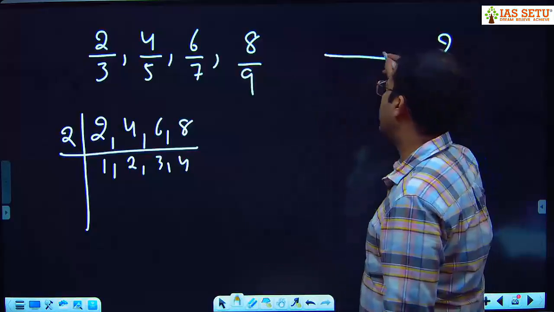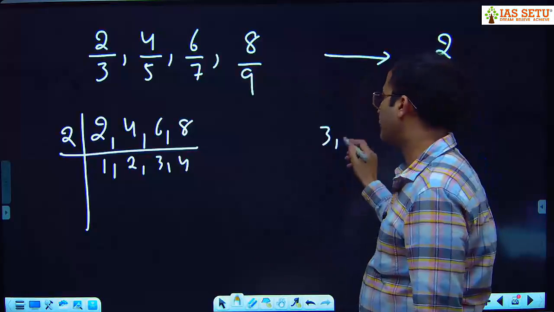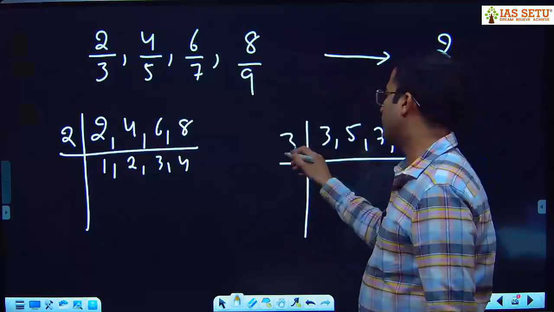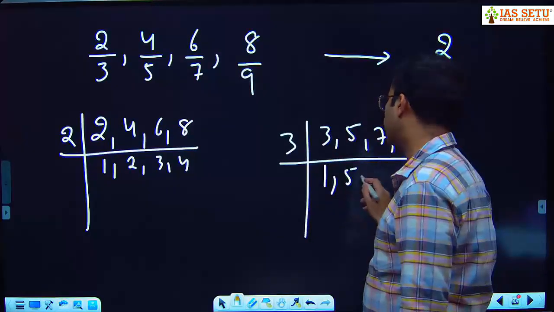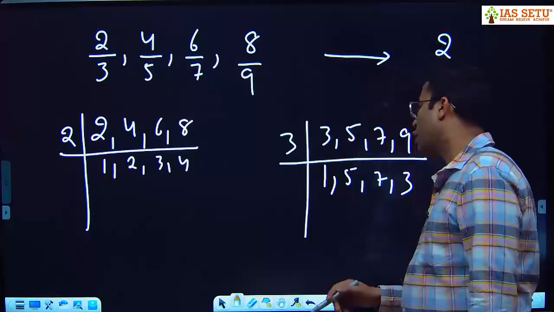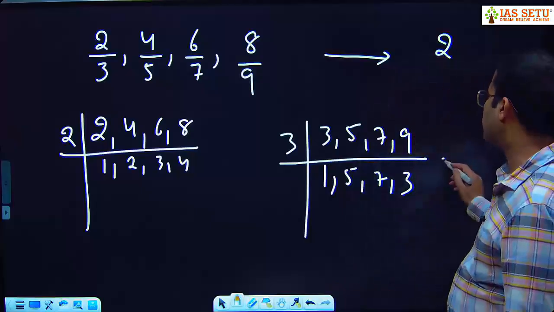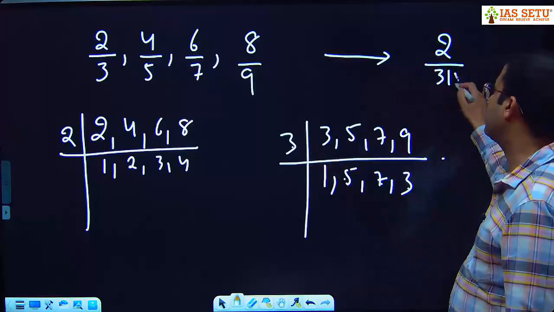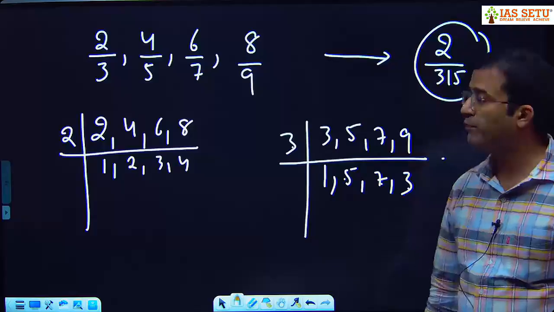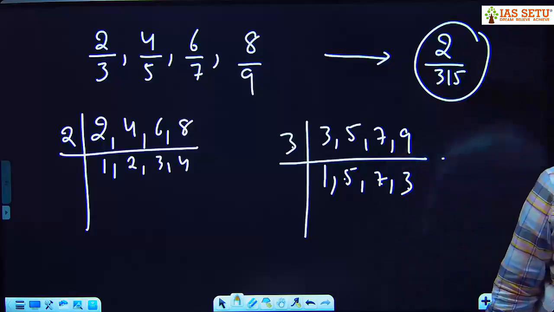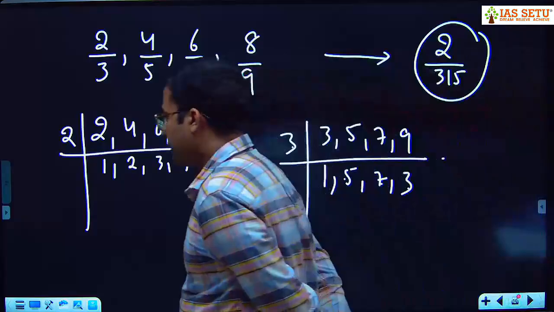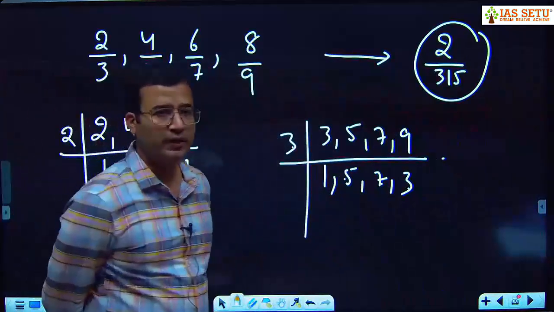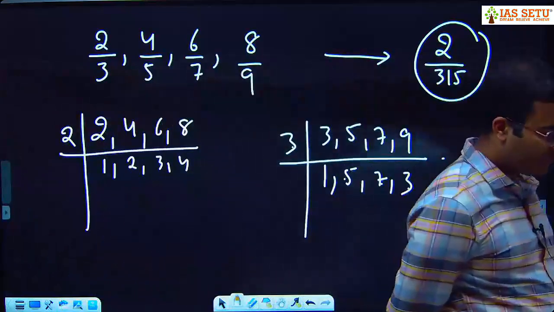Now we have to find the LCM of the denominators. Only 3 is common. Take 3 common क्योंकि 3 और 9 में 3 common है. 1, 5, 7, 3. Now you multiply. It is coming 315. 3 into 5 into 7 into 3, 315. So I think the answer is 2 upon 315. All of you? HCF of numerators is 2. LCM of denominators is 315.